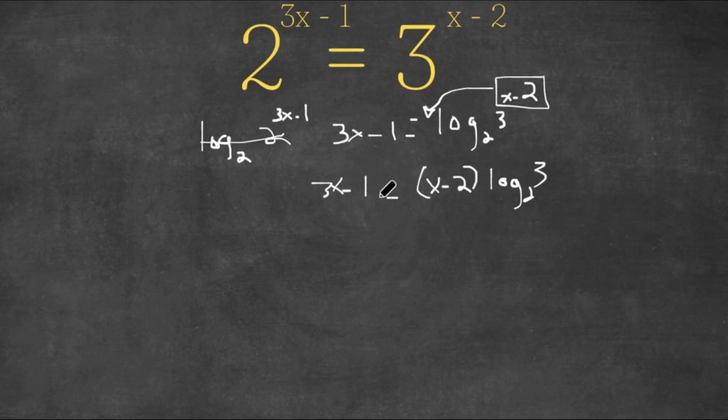So now we're going to distribute our log with subscript 2 of 3 to this x minus 2.